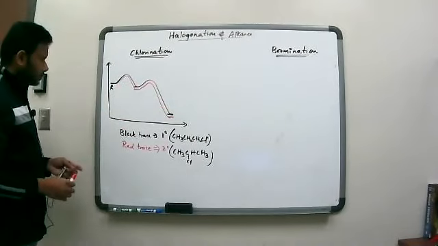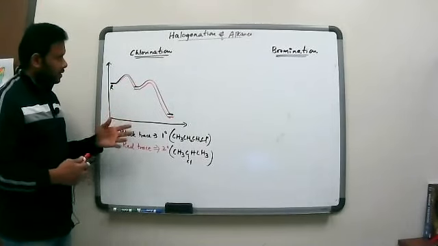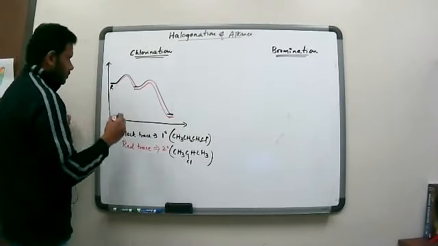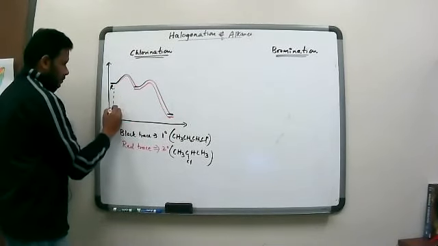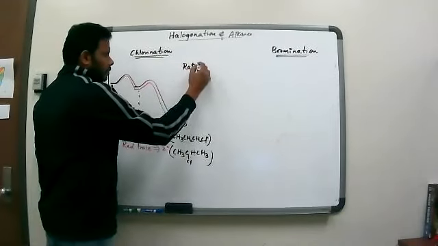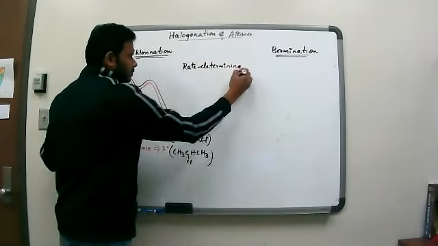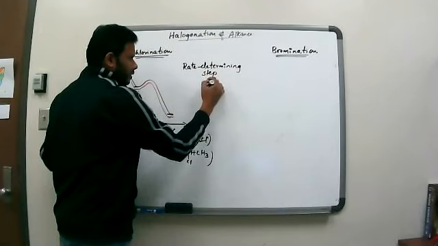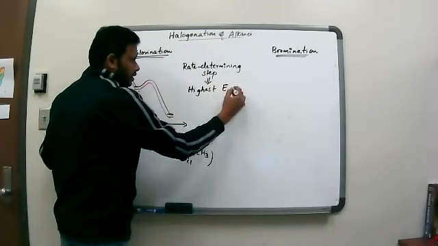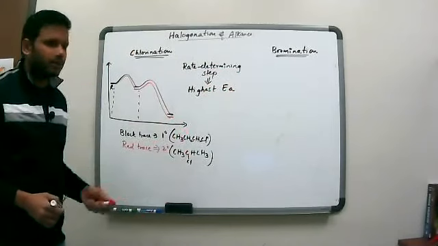Okay, so that's what the trace should look like. Now, based on this trace, what we can see is the rate determining step. And again, remember that the rate determining step has the highest activation energy. So whichever step has a higher activation energy, that is our rate determining step.